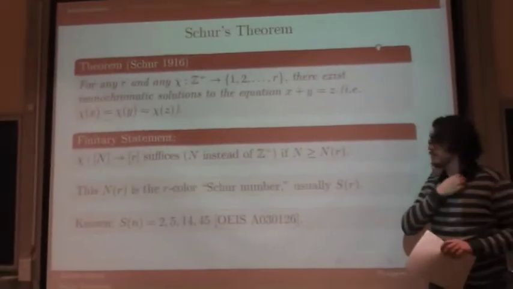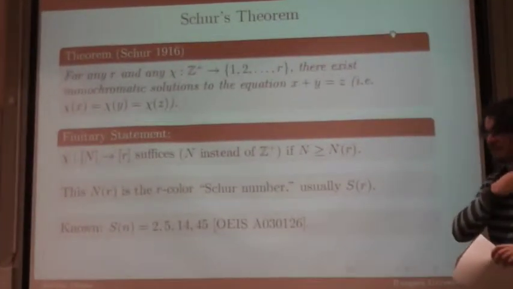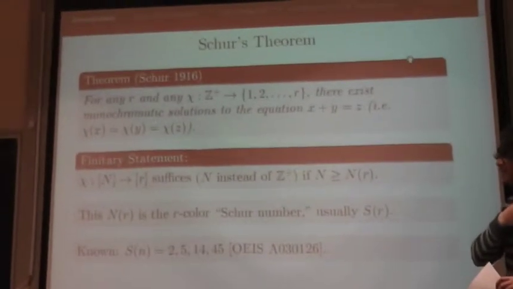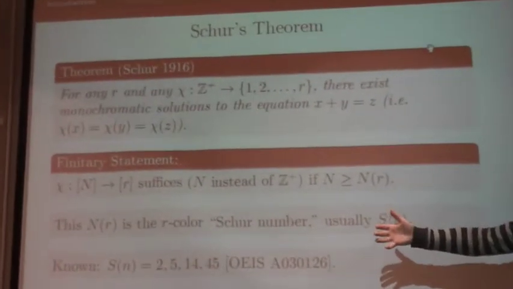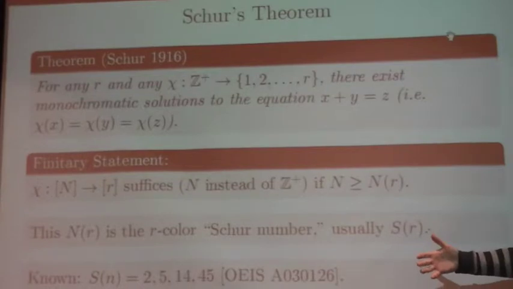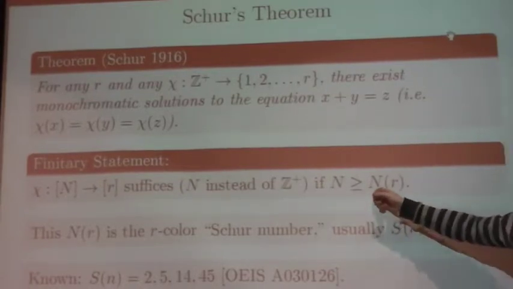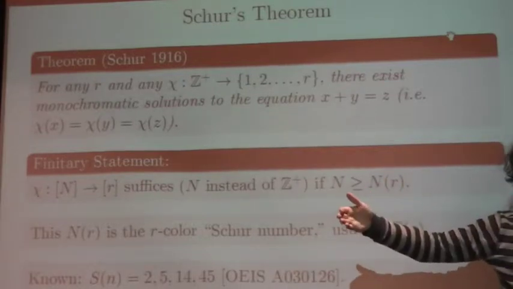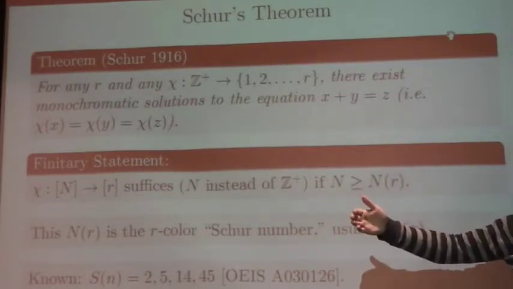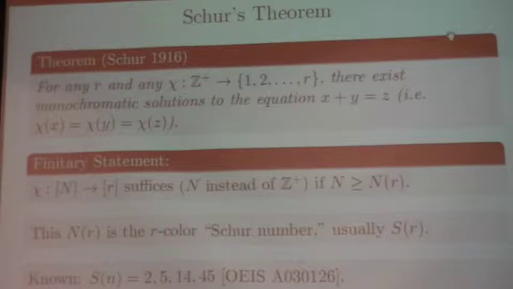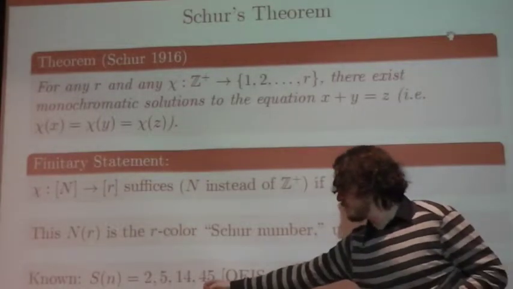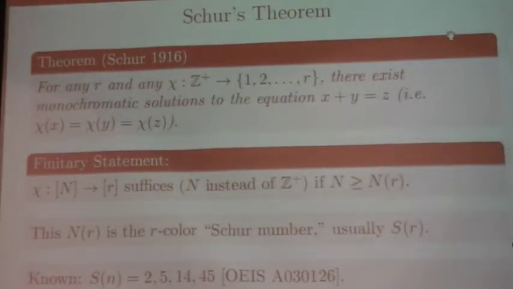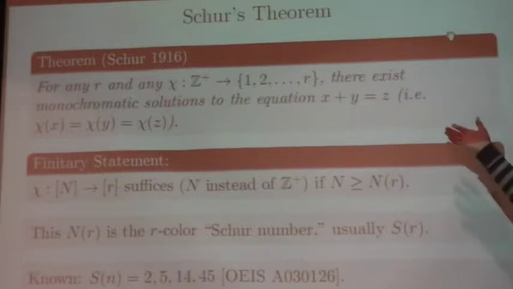And there's a finitary version of this statement, which Dr. Z, you should appreciate, which says that you don't need an infinite set to do this, because there is really some n, depending on R, so that if you go out just that far, you'll still find it. So in this case, we know some of the values of that n, and that n is usually called the Schur number because it corresponds to Schur's theorem.